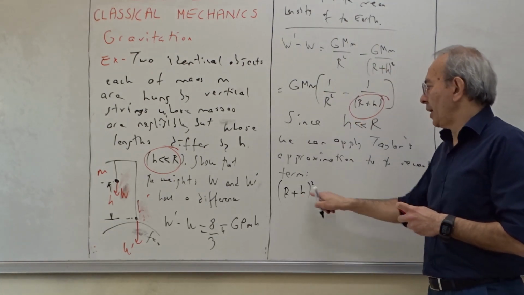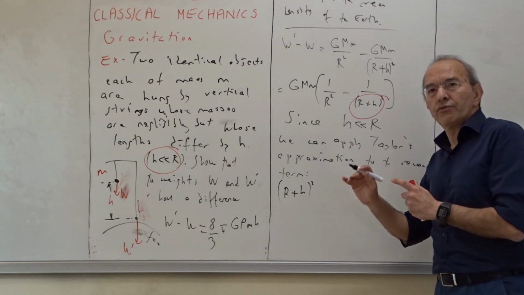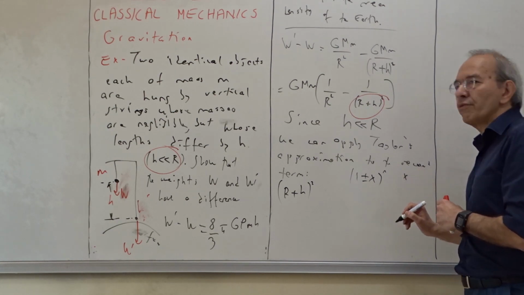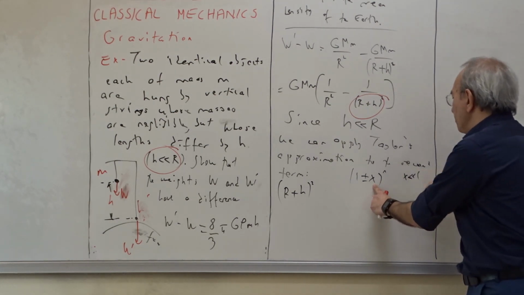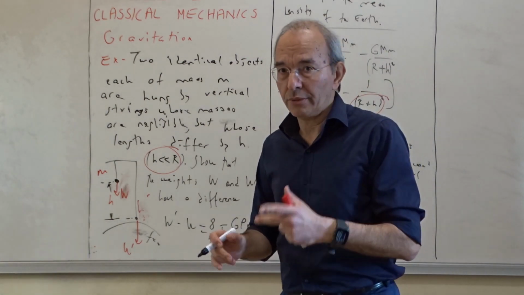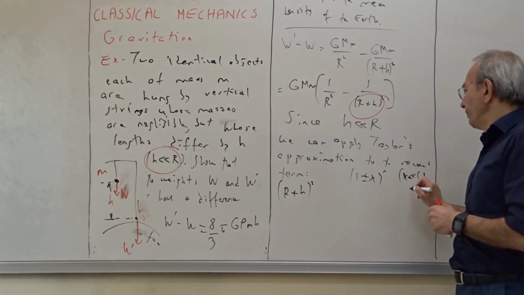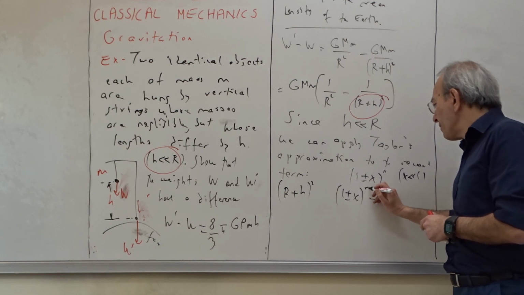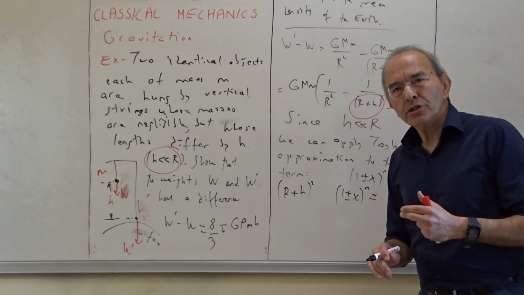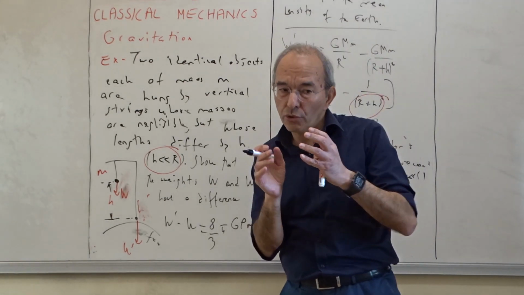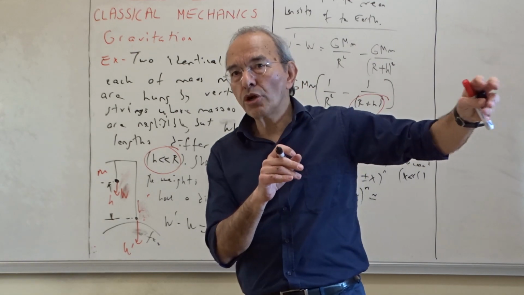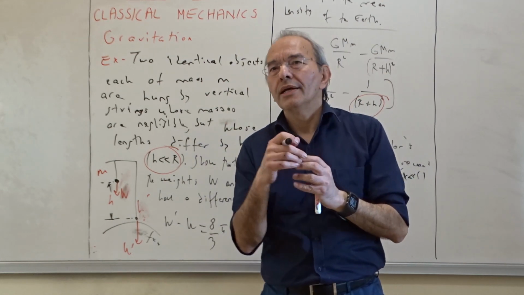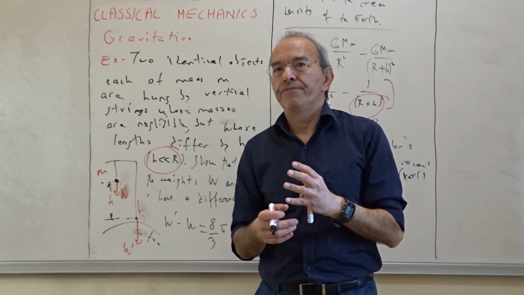Assuming that h is much less than r, we know that for the polynomial case, if you have 1 plus or minus x to the power of n, with the condition that x, the additional part, is much less than 1, otherwise it is not possible to apply it, then 1 plus or minus x to the power of n can be written approximately, just keeping the first two terms, because that series goes to larger and larger terms, but every term after these first two gets smaller and smaller, so we can neglect them.